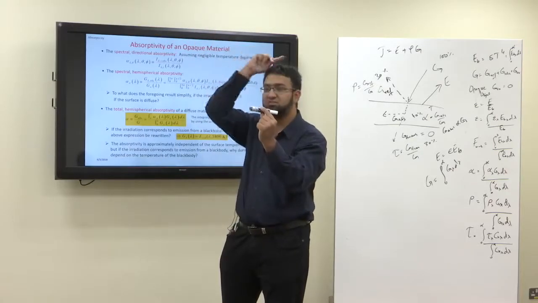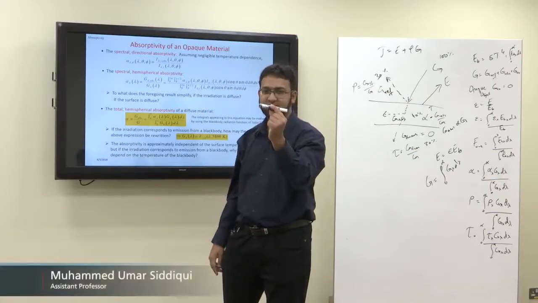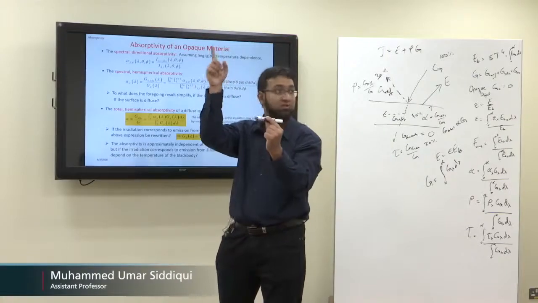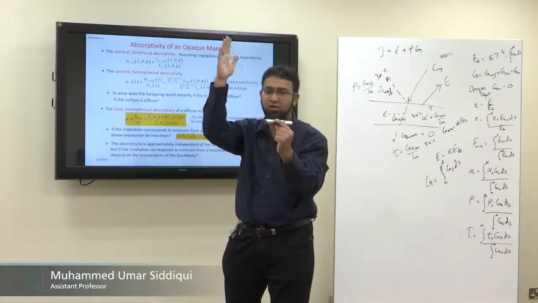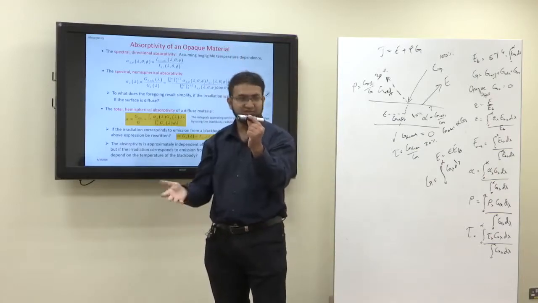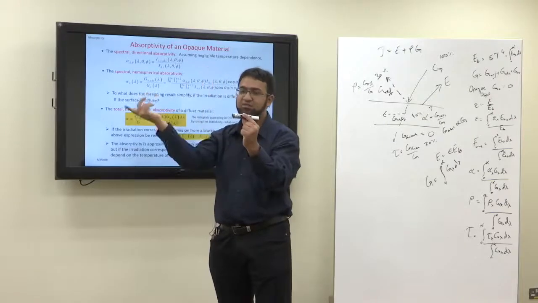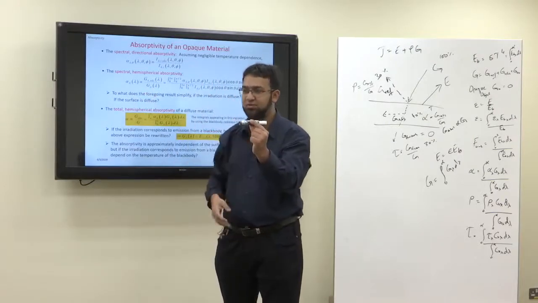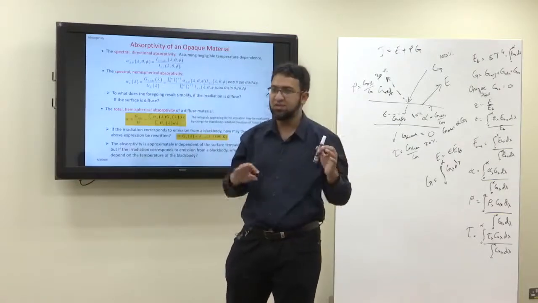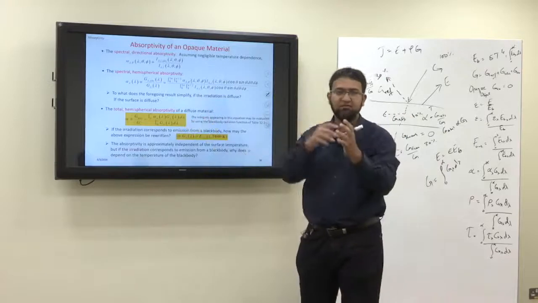So E for the surrounding is equal to G for the body. It's an enclosed surface, an enclosed area, so all the radiation will eventually come to it.